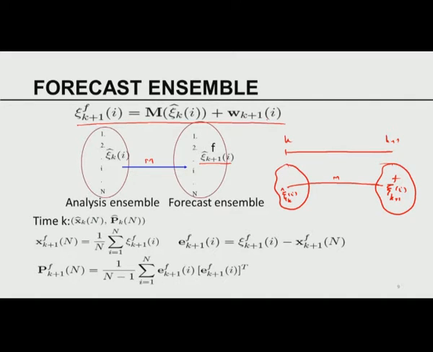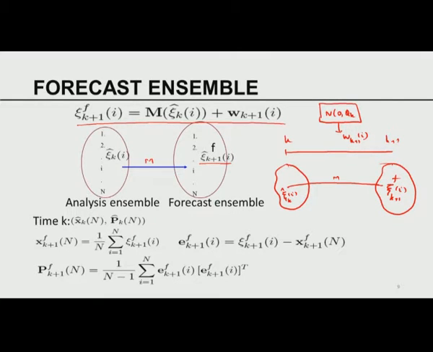Now let's talk about the noise. You don't add the same noise to every ensemble member. What is w_{k+1}^i? It is the ith realization of the model noise. This is the model noise generator, N(0, Q_k), and out of that comes w_{k+1}^i.